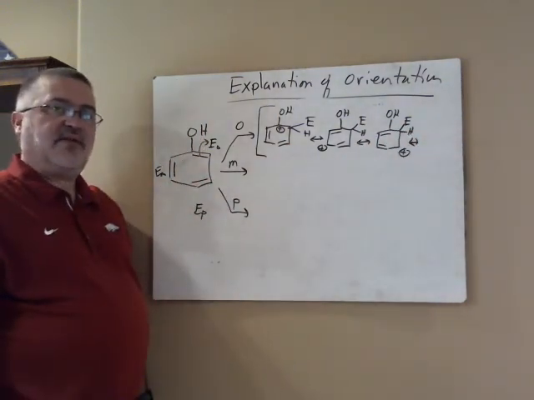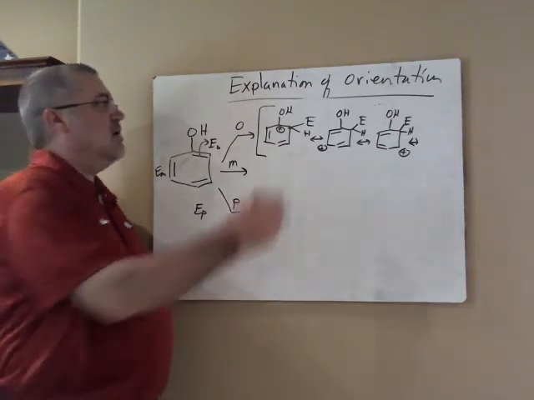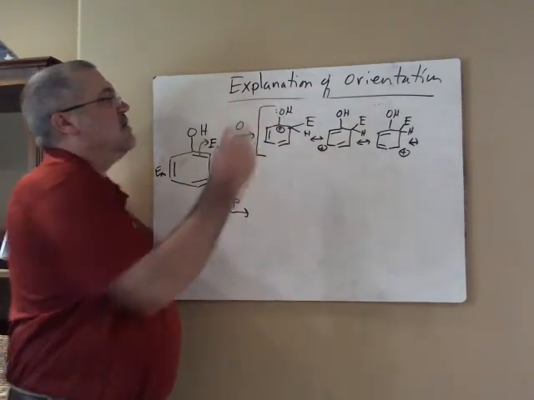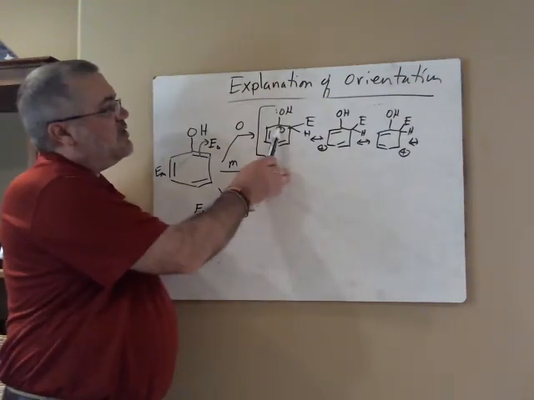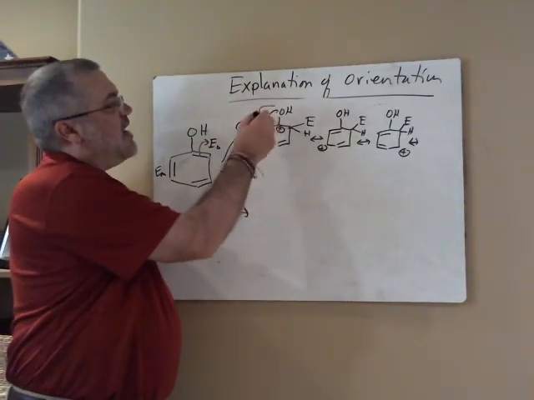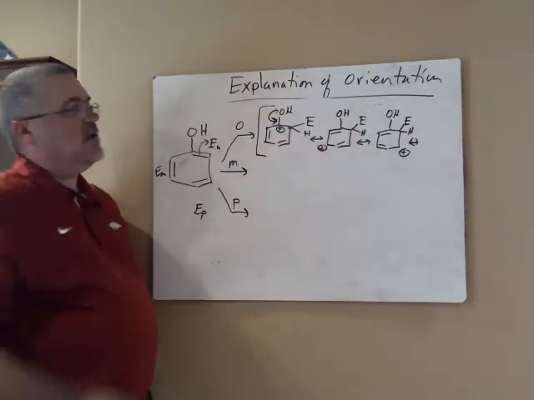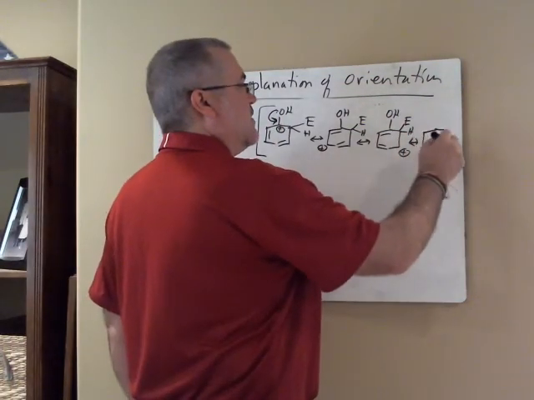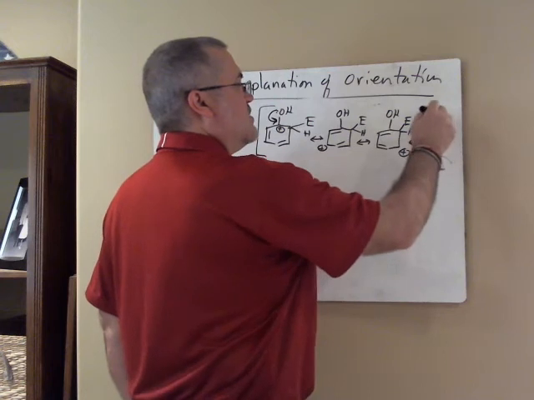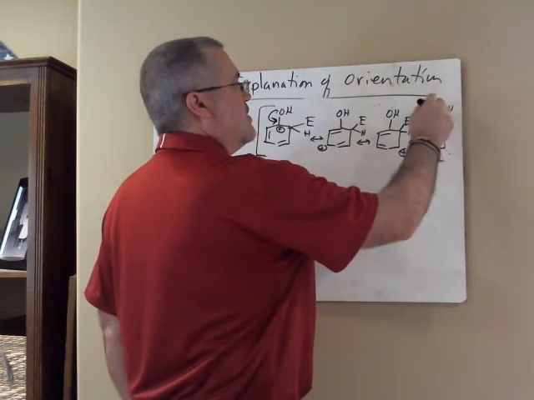Can anybody see it? Since you have a lone pair on that oxygen, since that plus charge is on the adjacent carbon, I can imagine through resonance moving those electrons in and forming this other additional resonance form.